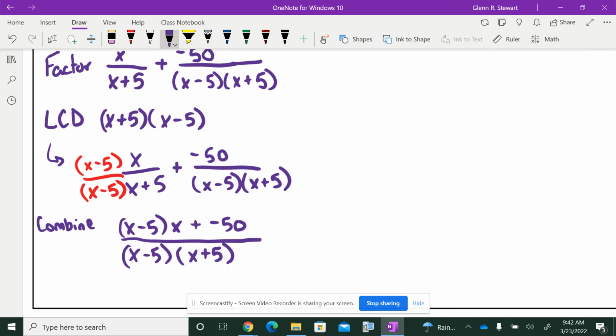Number one mistake that students make from this point, just being real with you, they see x minus 5 on top, they see x minus 5 on bottom, and they go, done. Cannot do that. We just put those into the problem. We don't want to take them back out. So we definitely don't want to do any type of simplification for the bottom. Leave the denominator like it is the whole entire way through.